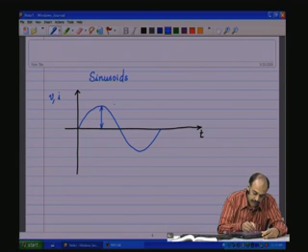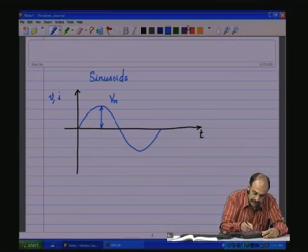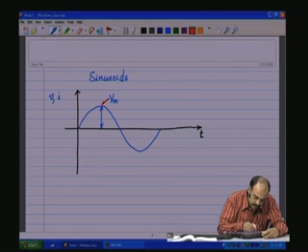So this is the peak value, and normally if it is a voltage waveform, we are denoting it by Vm, Vmax or Vp, V peak, depending upon different literatures. They follow different conventions, but we will follow Vm to represent the maximum value or the peak value of the sine wave, and that is exactly this point.